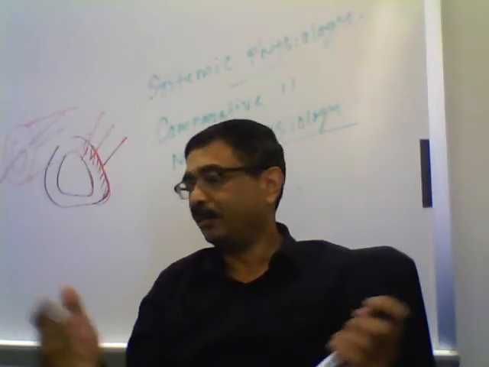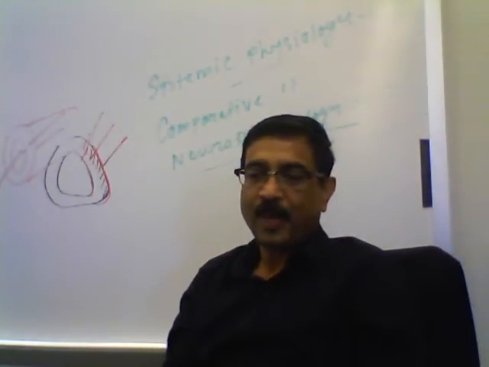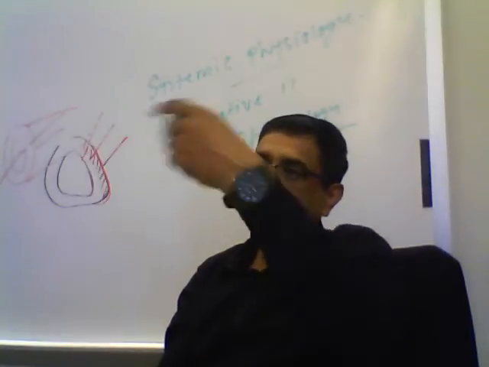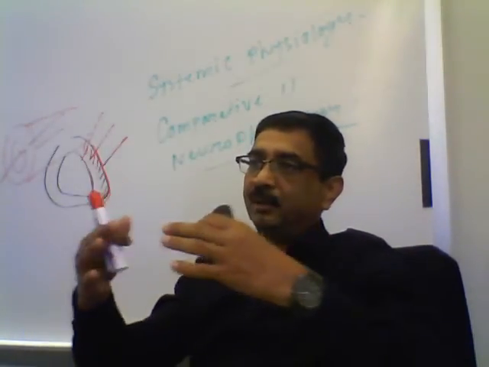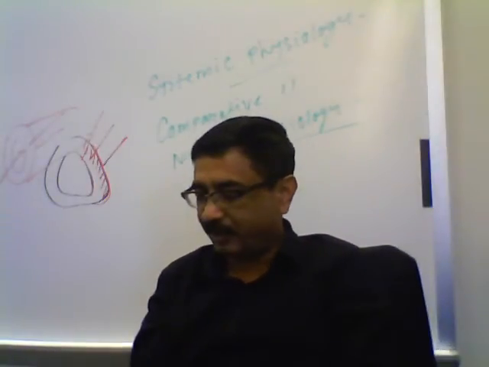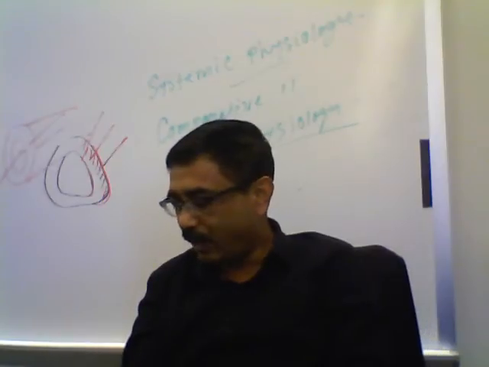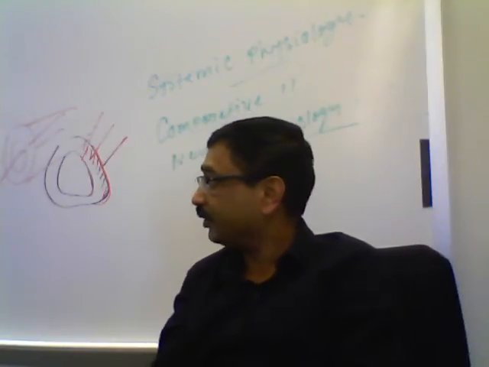Just a couple of important functions from each. In the rest of the course we'll go into detail of those systems, but for today just a couple of things: important parts or organs and important functions.